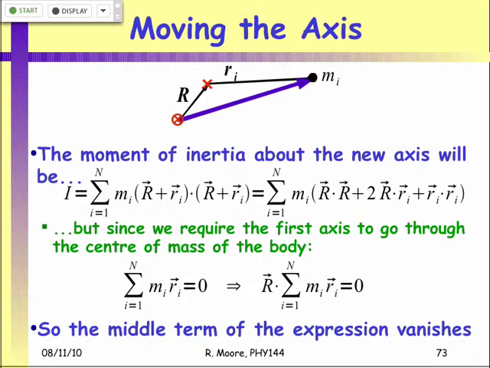So our new moment of inertia, we'll call it I prime, is going to be the sum over i of all the little masses m_i times big R position vector plus r_i dotted with big R position vector plus r_i, right?